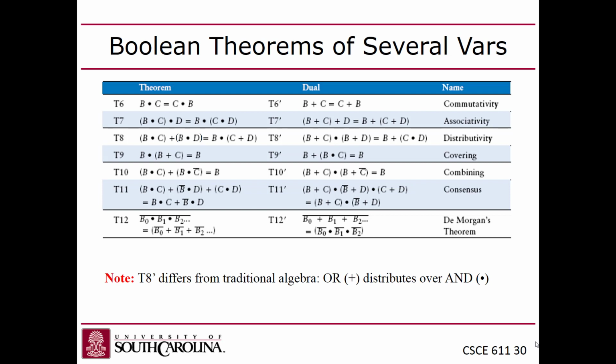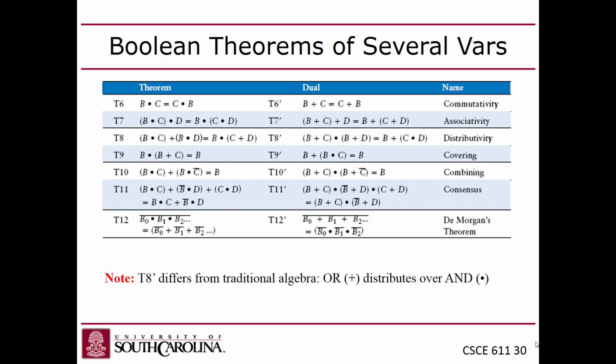This one, though, is a little weird, and a little hard to remember: B or C and B or D. The B is a common element there, so you can distribute the B over OR over the C and D. This one is a little different, but it's unique to Boolean algebra.